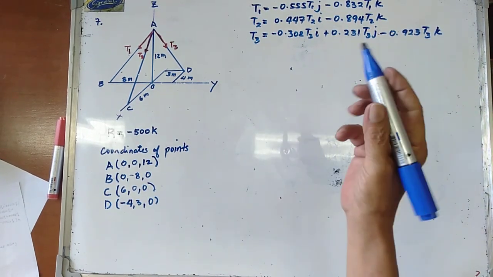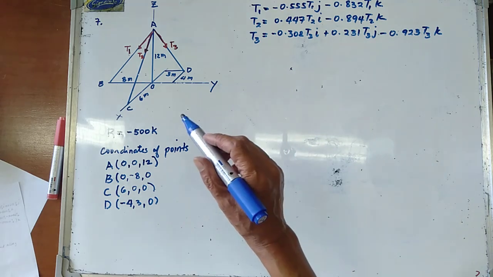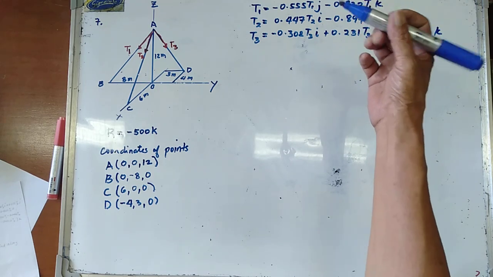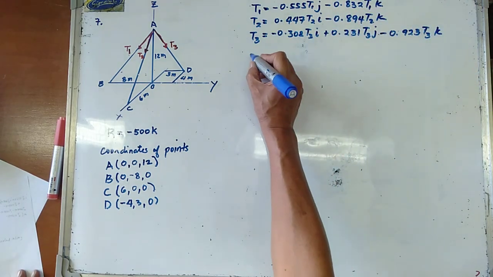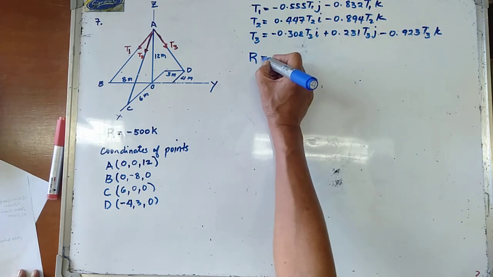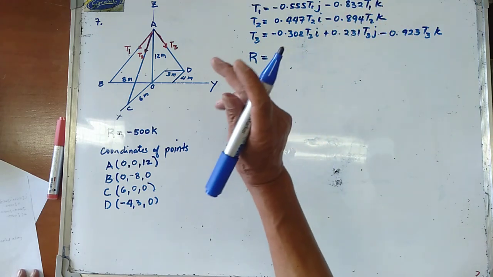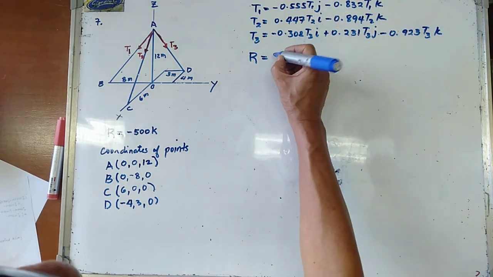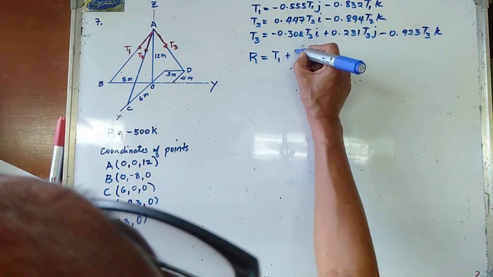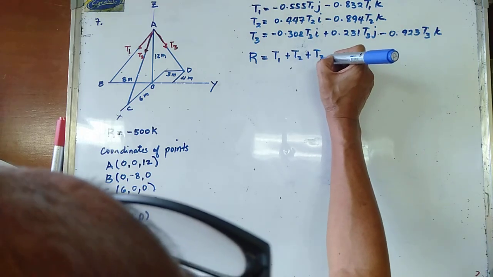Okay, after we have expressed T1, T2, and T3 in Cartesian vector form, we are now ready to determine the resultant. So the resultant is now equal to the vector sum of T1, T2, and T3. That is T1 plus T2 plus T3.